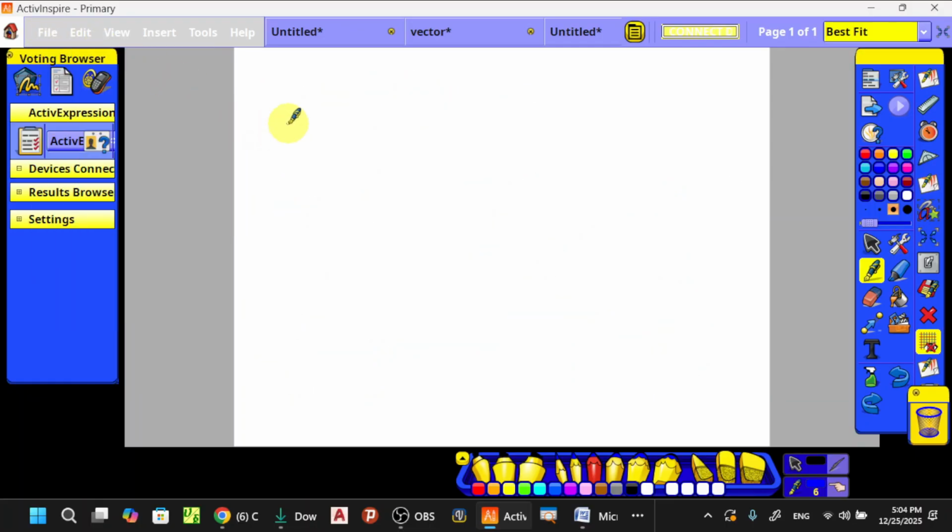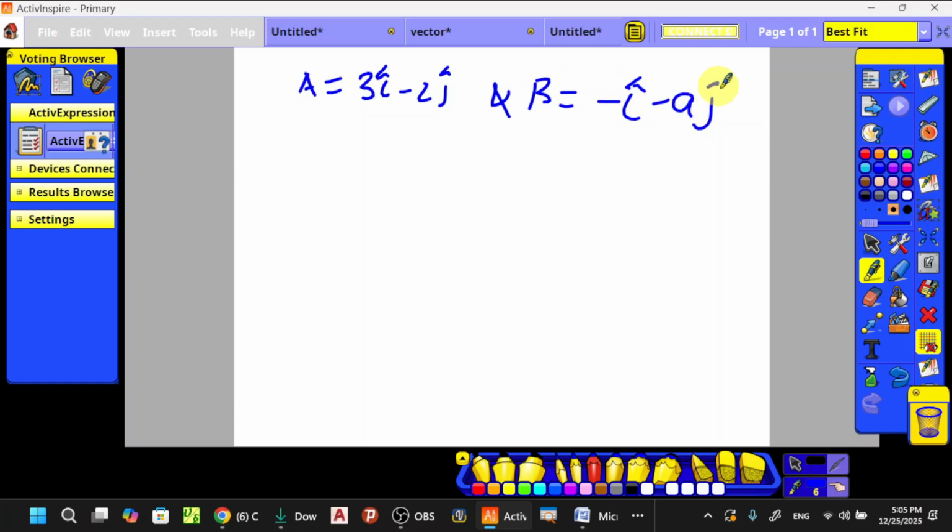Given A is equal to 3i minus 2j and B is equal to minus i minus aj. Then A plus B is given by 2i plus 0j.